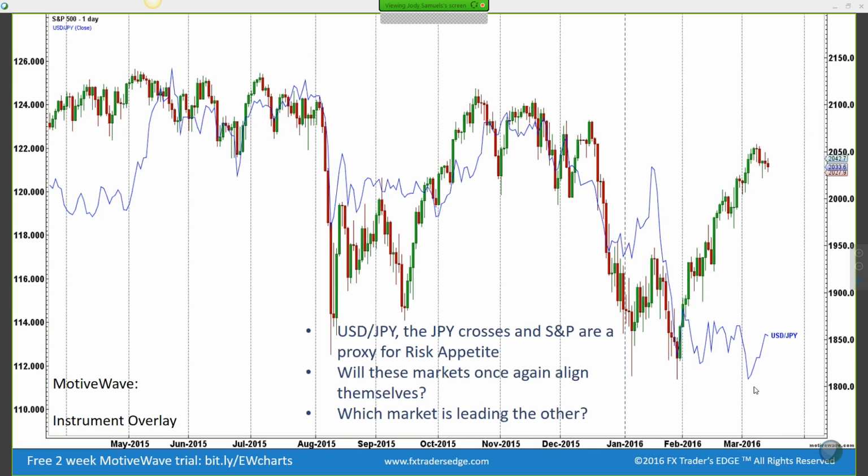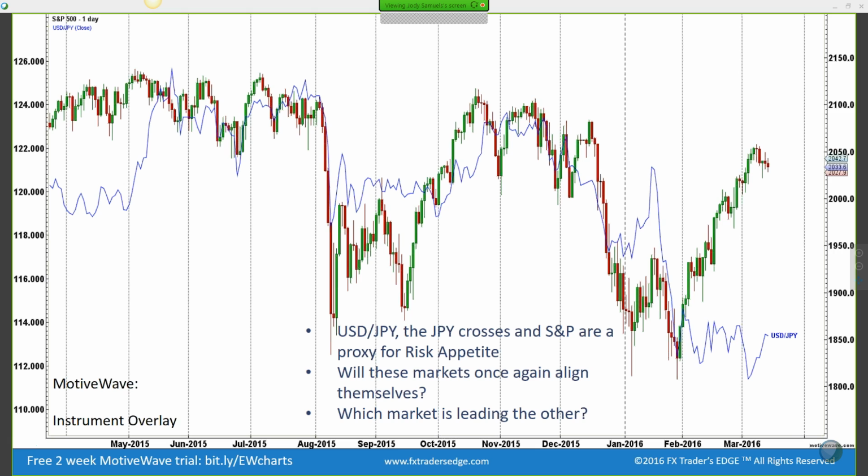So this is the weekly, but now let's drill down and look at the daily to see what has been going on between the S&P and the dollar yen. This shows that whereas the S&P and the dollar yen had been tracking one another, in the last month, the dollar yen has been trading sideways. So will these markets once again align themselves, and which market is leading the other?